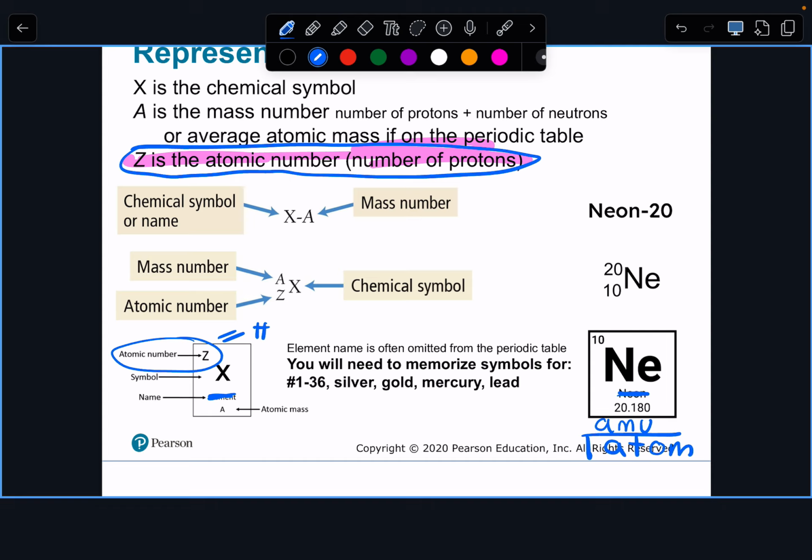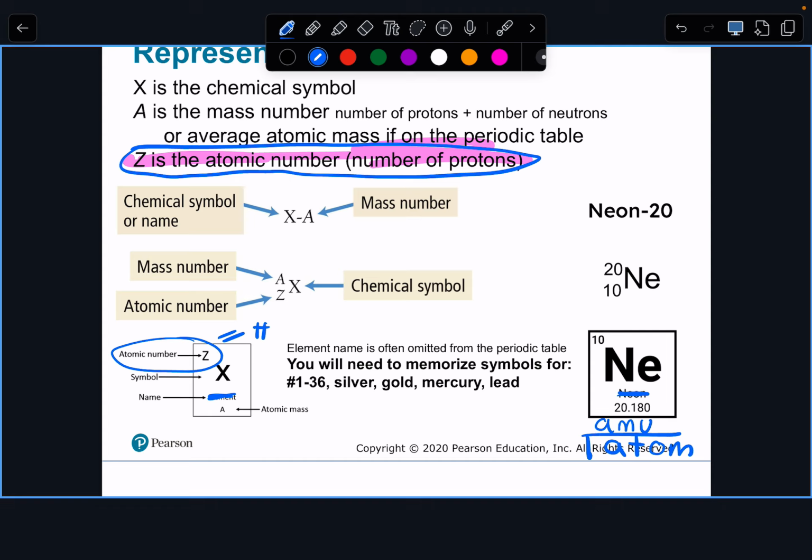The reason that's useful is because if you know the number of protons and you know that a proton and a neutron each weigh basically 1 on this scale, then you can determine the number of neutrons. If the mass is close to 20 and we know it has 10 protons, then that implies it has about 10 neutrons as well. An easier way to think of it is to round this to the closest whole number, so 20 in that instance.